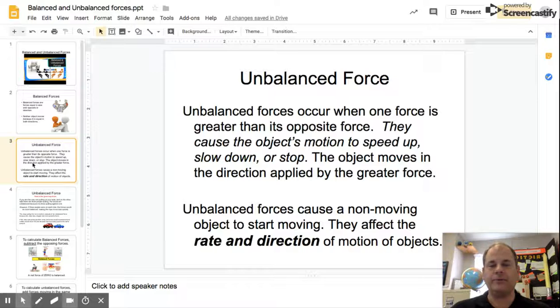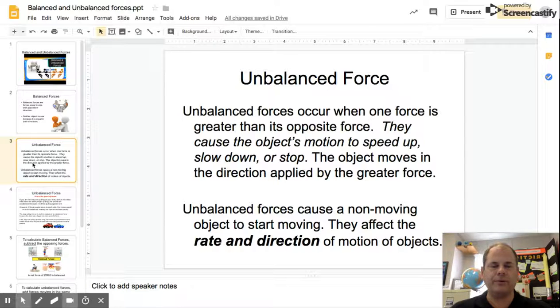An unbalanced force is a force that can occur when one force is greater than the other, the opposite force. This greater force causes the object's motion to either speed up, stop, start, or slow down. The object moves in the direction of the greater force. So think back to the arm wrestling situation you just saw.